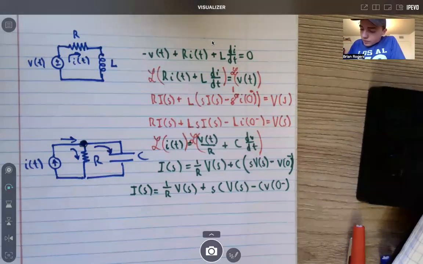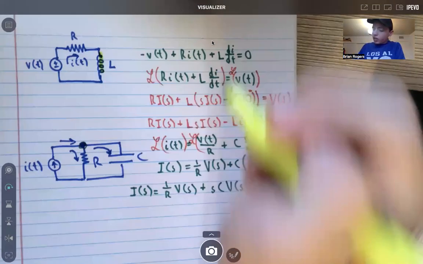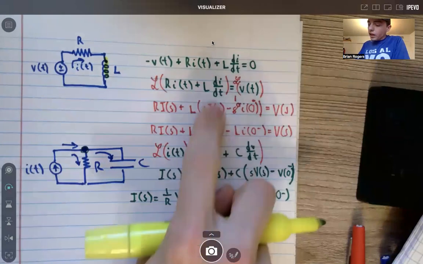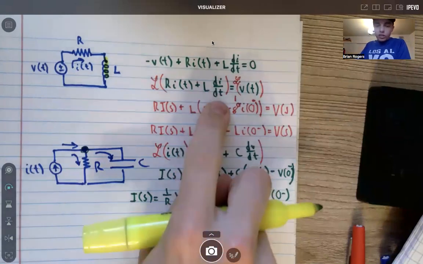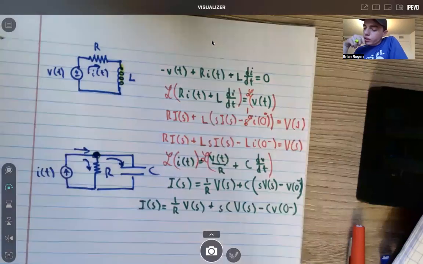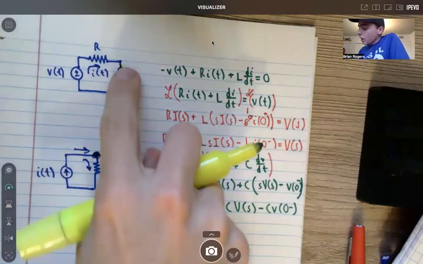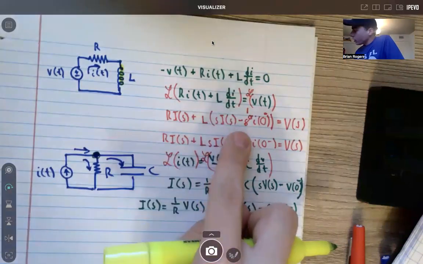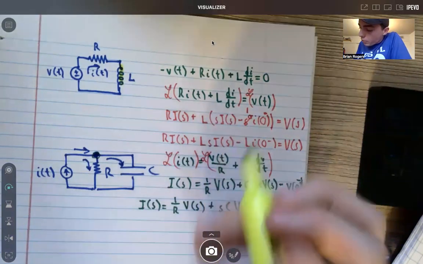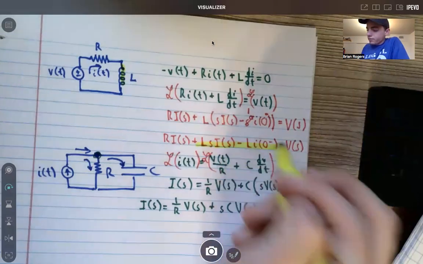We saw when we took the Laplace domain analysis of L di/dt, for the current going through the inductor and what the voltage drop would be, we got this equation right here. This was the part from the inductor.